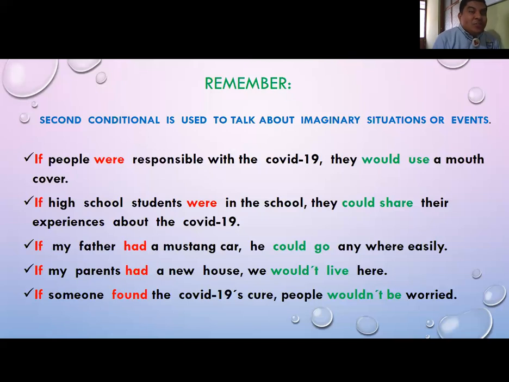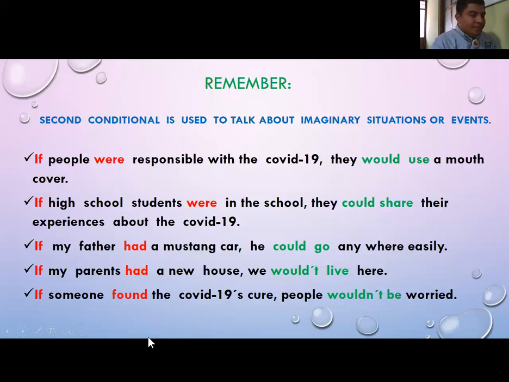This is not true, but it is my imaginary situation in the future. Okay, good. If someone found the COVID-19 cure, people wouldn't be worried. That is the current situation about the COVID-19.